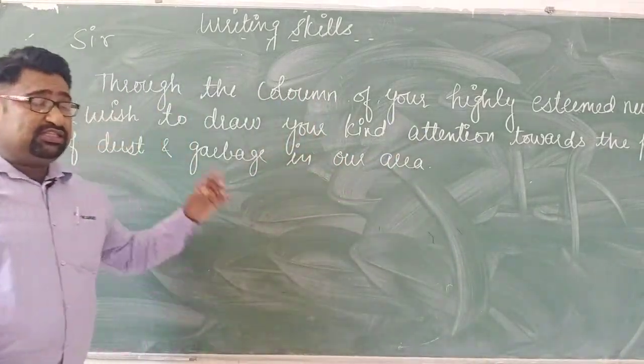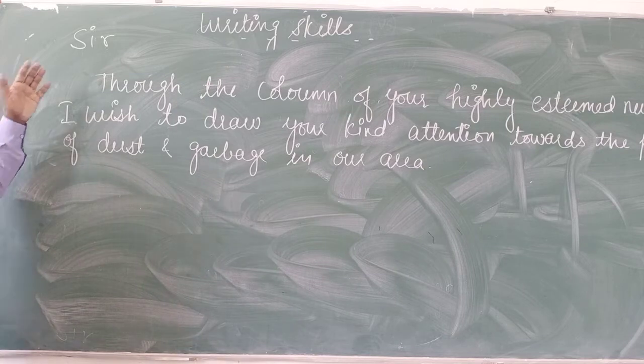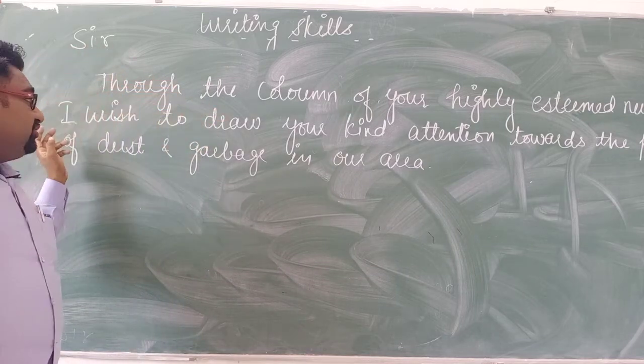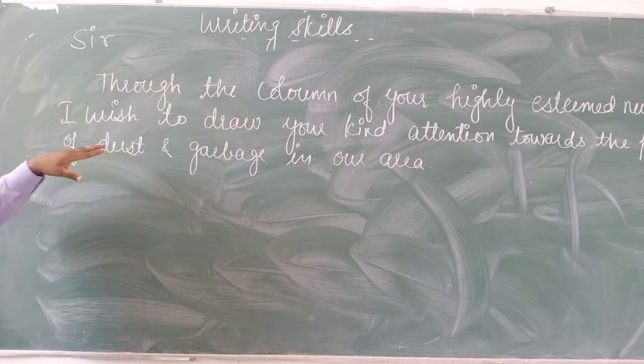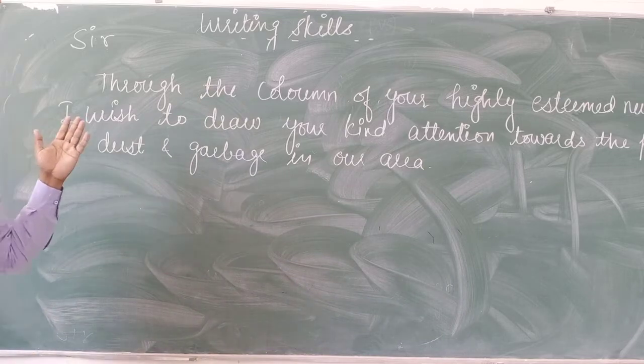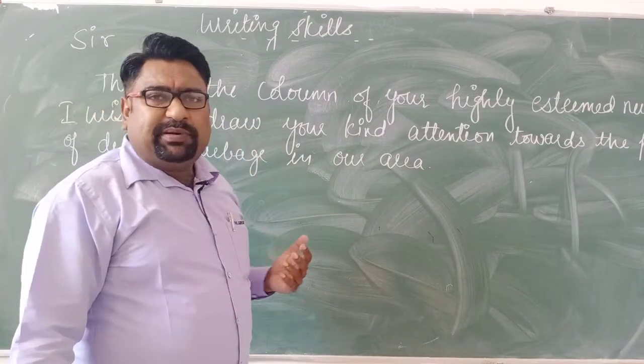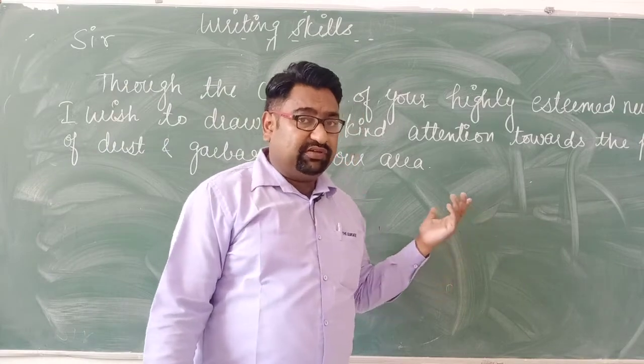Clear? This will be the beginning over here. Through the column of your highly esteemed newspaper, comma, I wish to draw your kind attention towards the problem of dust and garbage in our area. And after that, you start explaining what kind of problem you are facing over there, right?